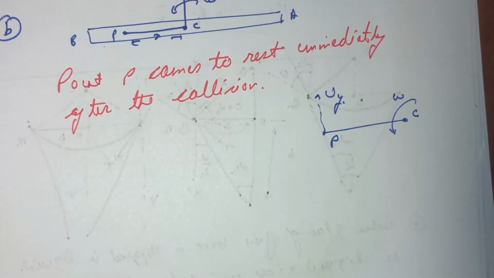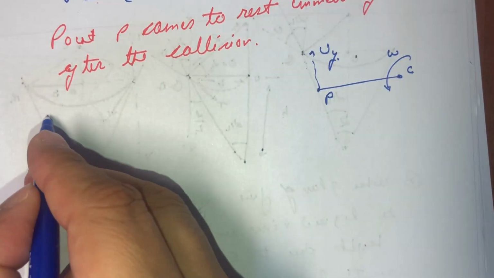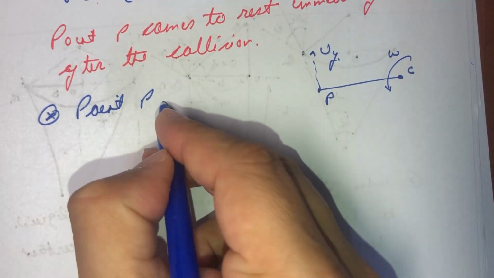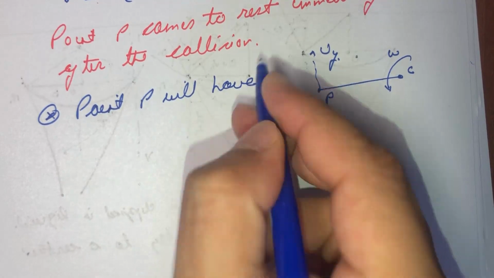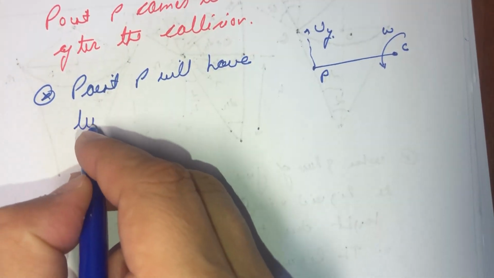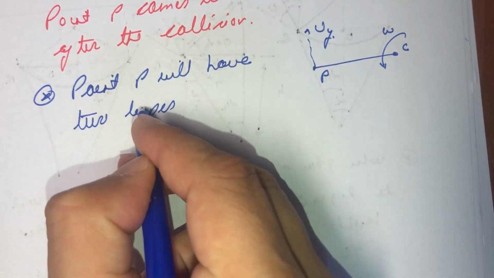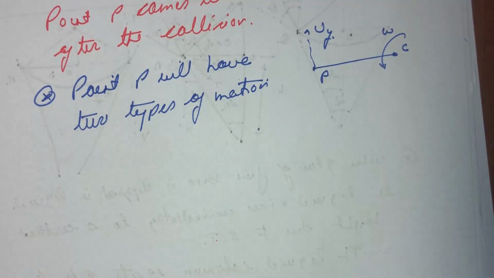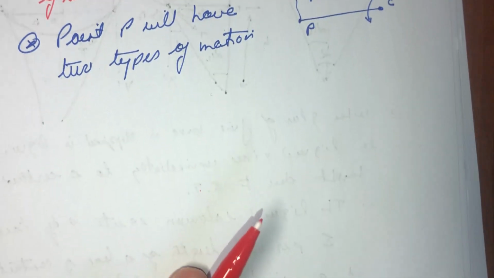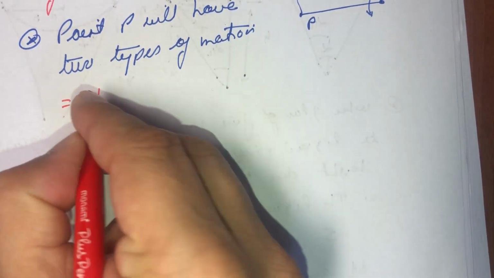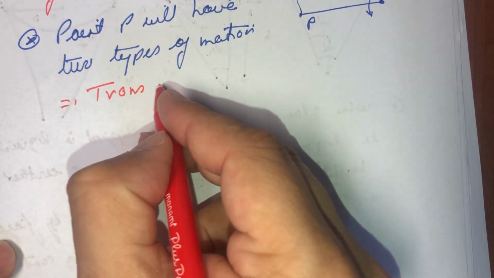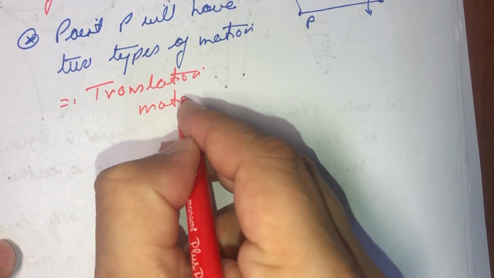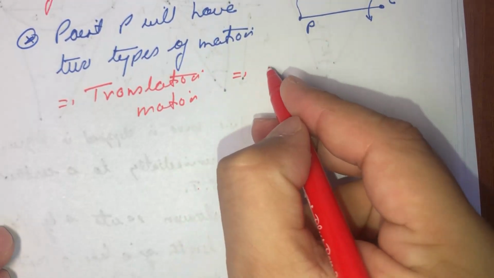So you can say point P will have two types of motion, translational motion and rotational motion.